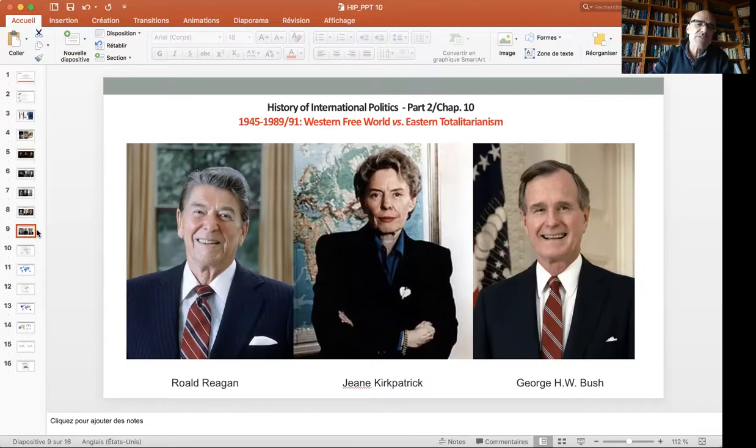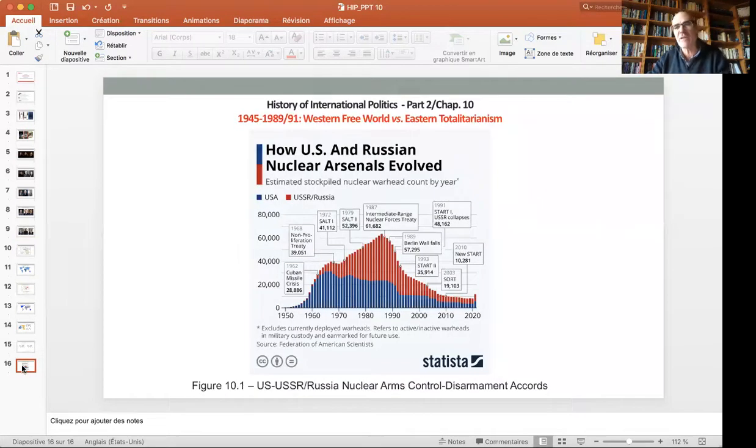The arms control and disarmament process, which started in the 1980s, permitted a very significant decrease of the nuclear warheads possessed by the two major powers. The American-Soviet learning process, nuclear learning process, ladies and gentlemen, probably was the most striking empirical illustration of the bipolar society. The two agreed, though being divided, upon respecting some rules.